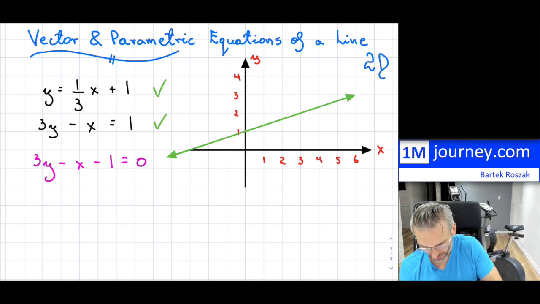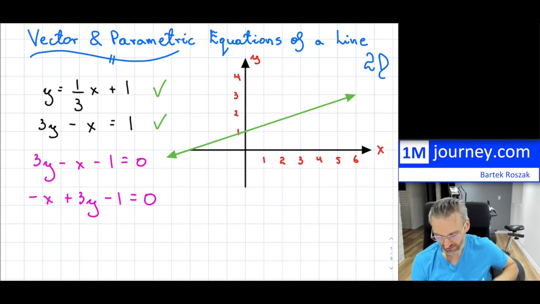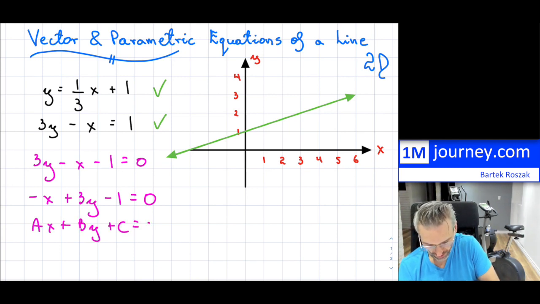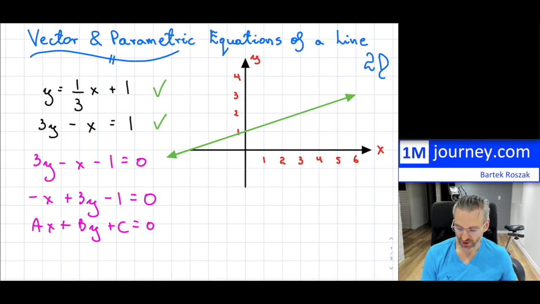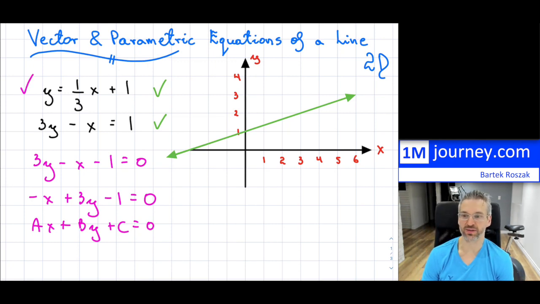I guess you might write the x first. So for example, negative x plus 3y minus 1 is equal to 0. So this is typically called the standard equation of a line, which is just ax plus by plus c is equal to 0.